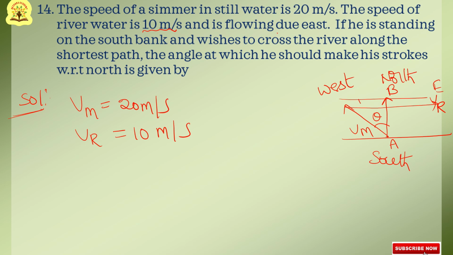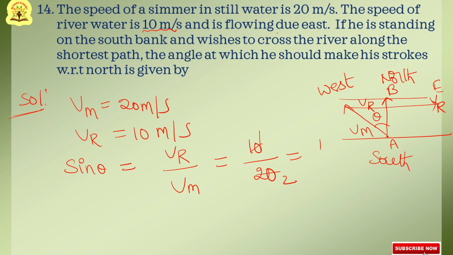From this diagram, sin theta is equal to VR by VM, that is equal to VR they gave as 10 and VM they gave as 20. So 10 ones 10, 10 twos 20, that is equal to 1 by 2.